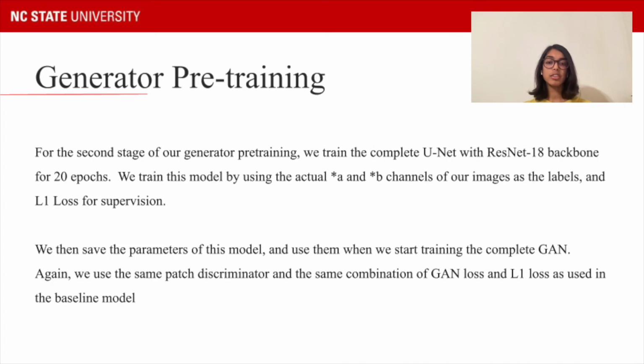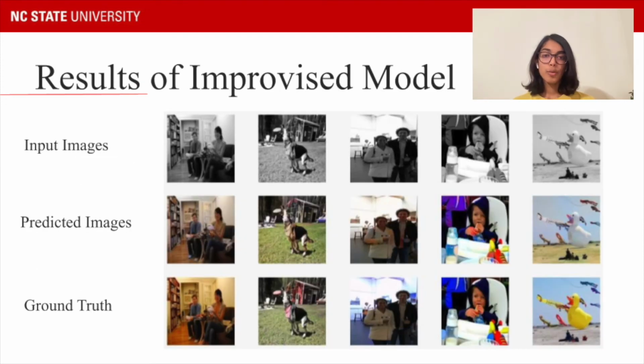We then pre-train the entire generator by taking the ResNet-18 as a backbone and producing A and B, which were our output channels. Once we have all these pre-trained weights, we use these parameters to retrain our GAN model again. Again, we use the same patch discriminator, the same L1 loss, and the conditional GAN loss that we were using.